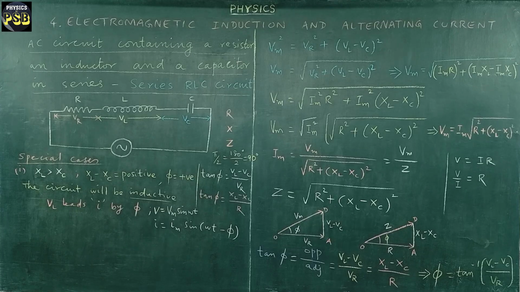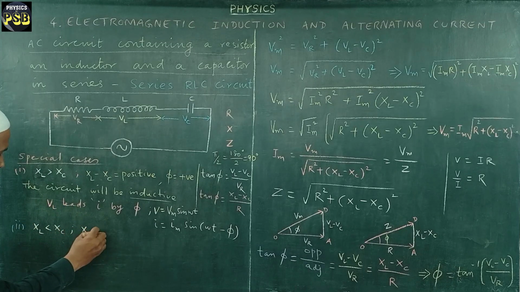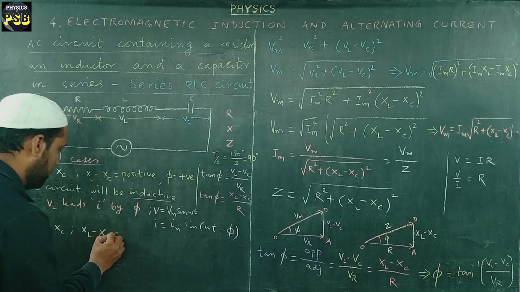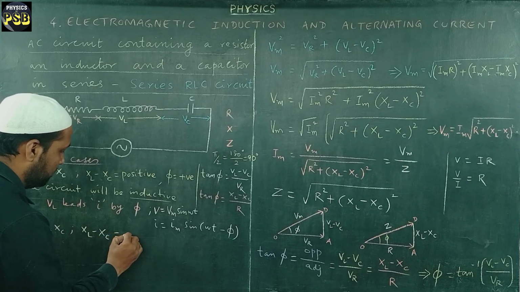Case 2. In the second case, I take XL lesser than XC. If it is so, then XL minus XC will be a negative value.